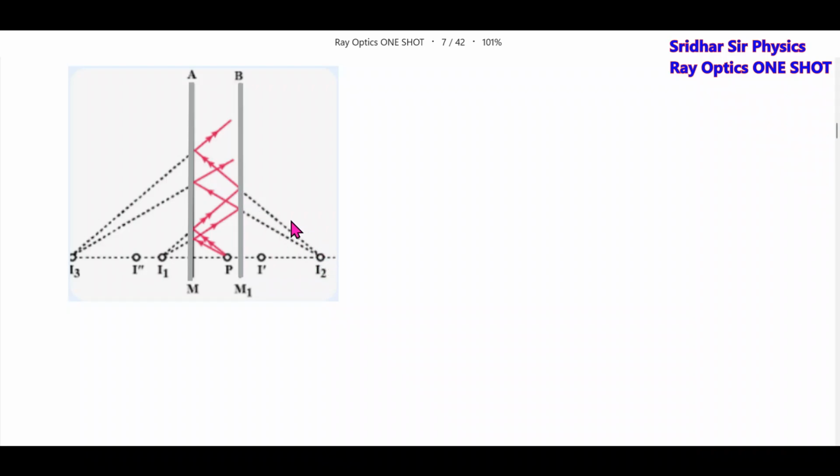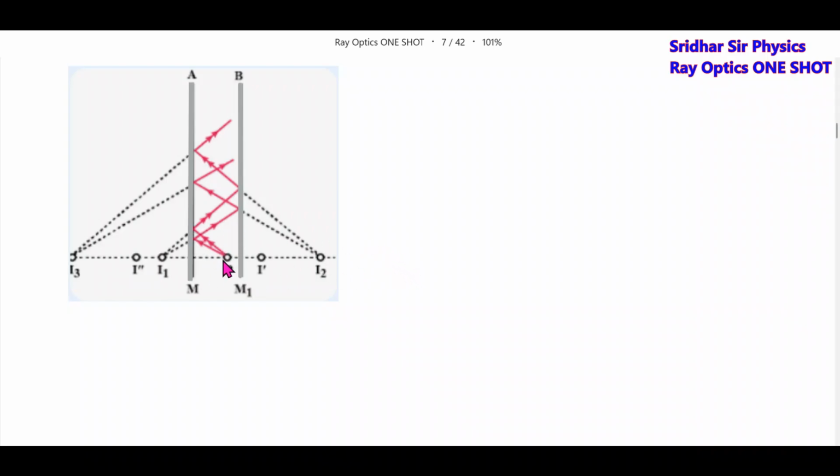This I2 will become the object for mirror A, and the rays will strike and form I3. Like that we will get the images. Like this, multiple images will be formed. If they are very large plane mirrors, then you'll get infinite images between them.